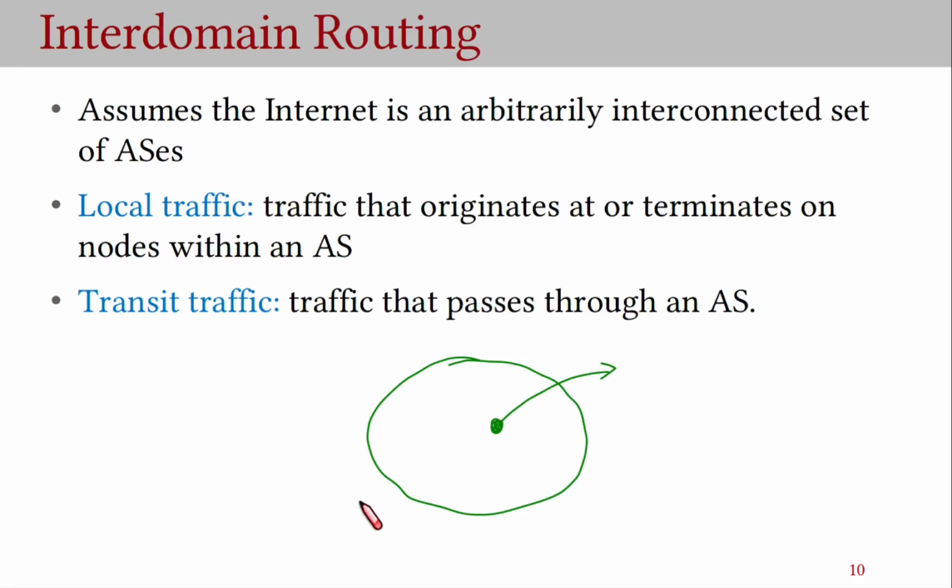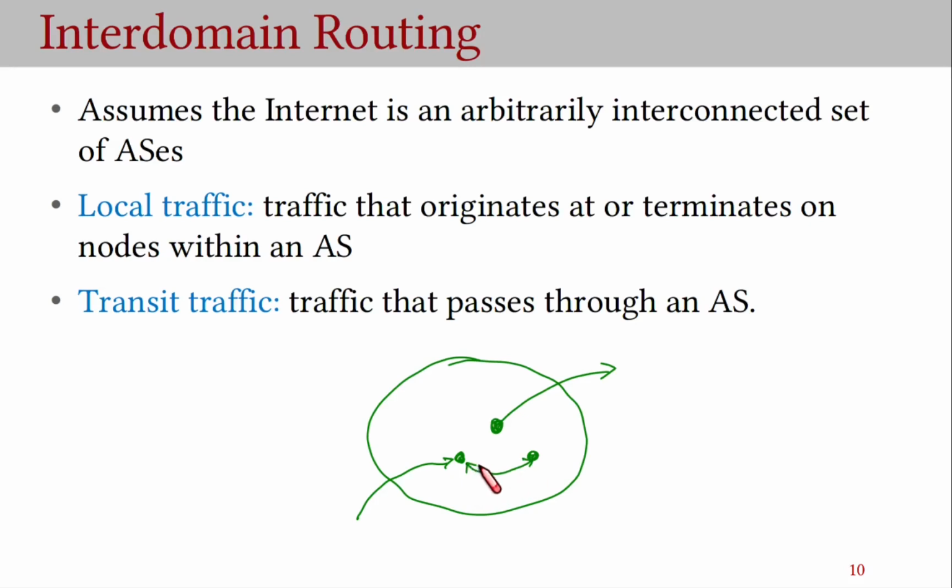And traffic that is going to terminate on some node inside this autonomous system is also local traffic. Note that we may have a situation where traffic originates and then terminates inside, but that's really not a problem that is related to interdomain routing.